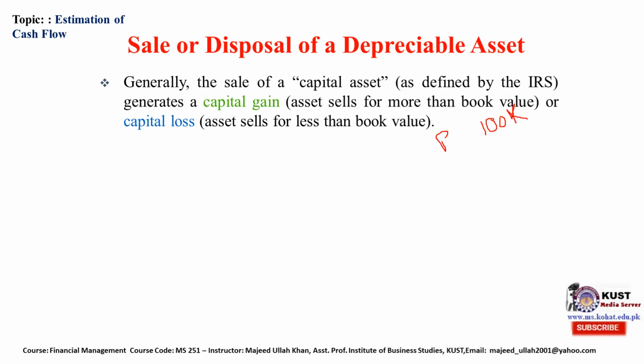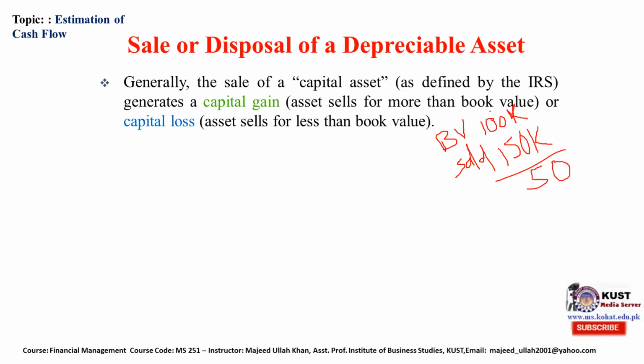If this is the book value and it is sold for 150,000, so it will gain 50,000, which is the capital gain.